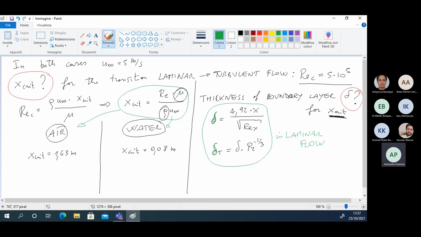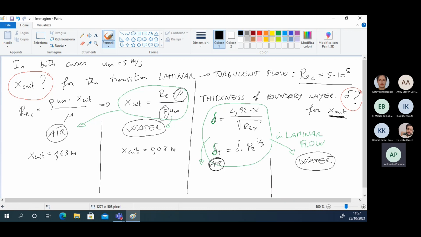Now I apply the two equations for my water and air cases. I apply exactly this set of correlations for air and the same set for water.